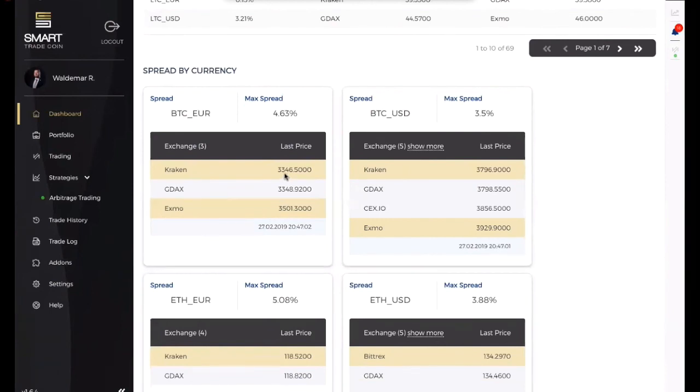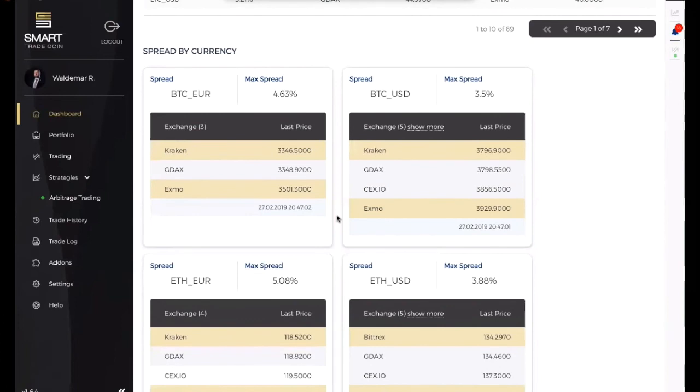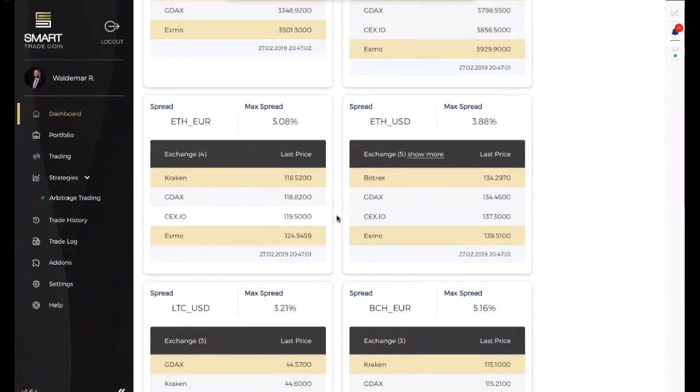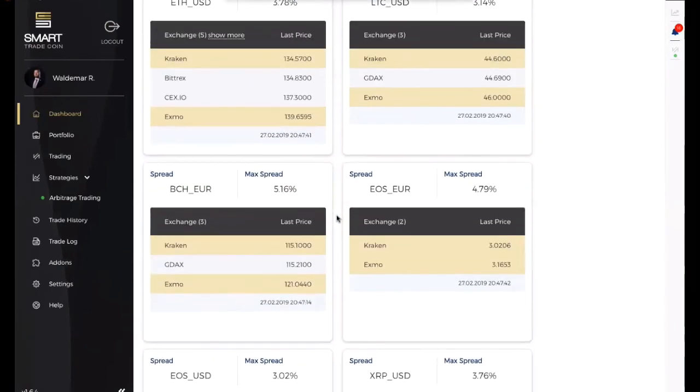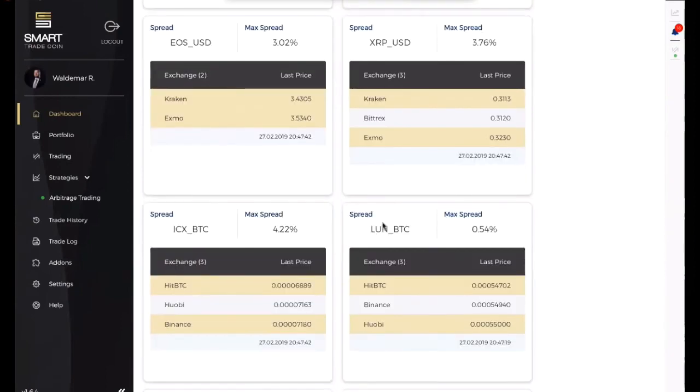Since there is always a big spread between fiat currency and cryptocurrency, it is of course better to do a separate setting for cryptocurrency to cryptocurrency. And so, at the trainings, we will of course show the settings separately. I'll personally show them too.